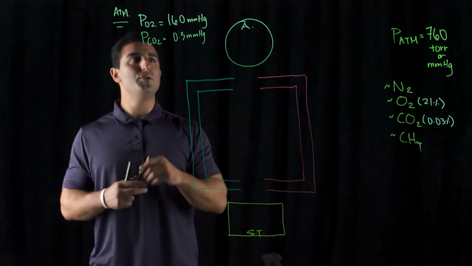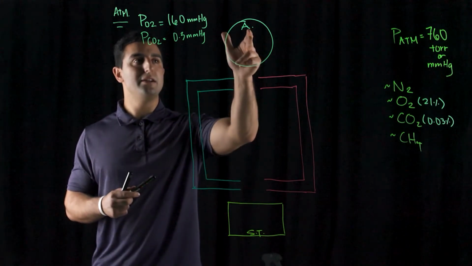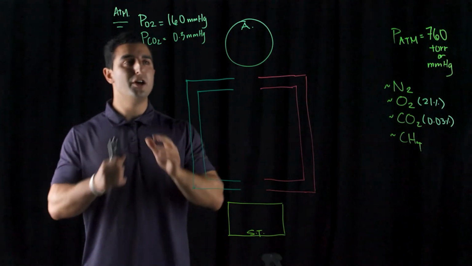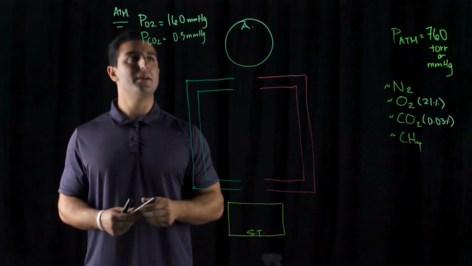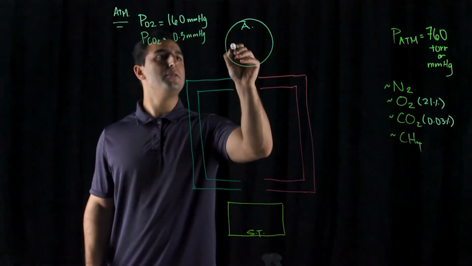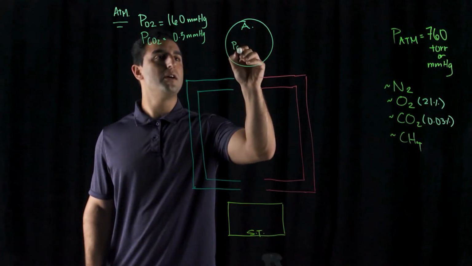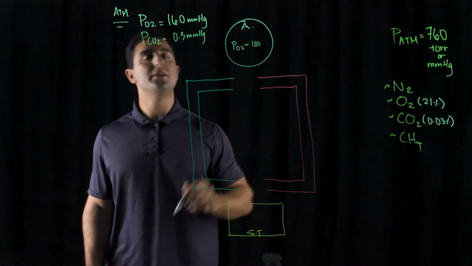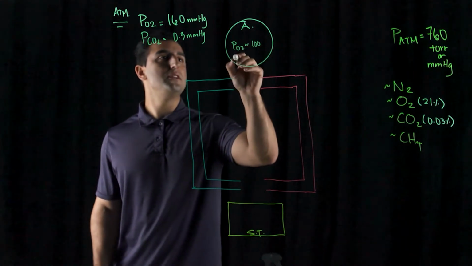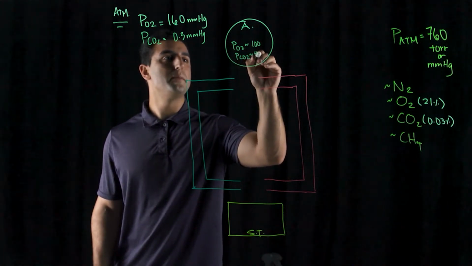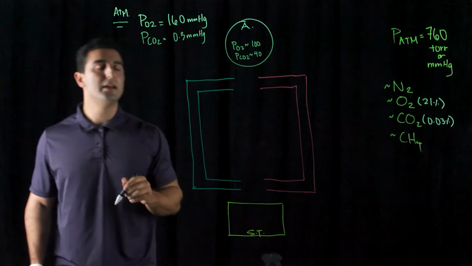And when it comes to your alveoli here, so the first section, this is the final region of the respiratory system where all gas exchange takes place, right? So you have the alveoli coming in, and at the alveoli you have a partial pressure of oxygen of about 100 millimeters of mercury, and for CO2 it's about 40 millimeters of mercury, right?